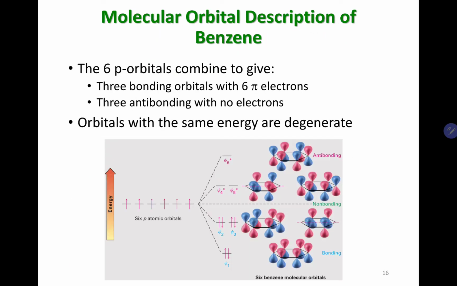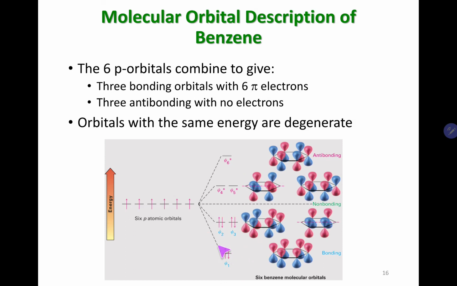All right, so this is the molecular orbital description for benzene. You basically have 6 p orbitals in the 6 carbons. When you take a look at the molecular orbital diagram, as you can see, the 6 p orbitals will form 6 molecular orbitals: 3 bonding orbitals and 3 anti-bonding orbitals. But when you populate the molecular orbitals, you will only populate the bonding orbitals.